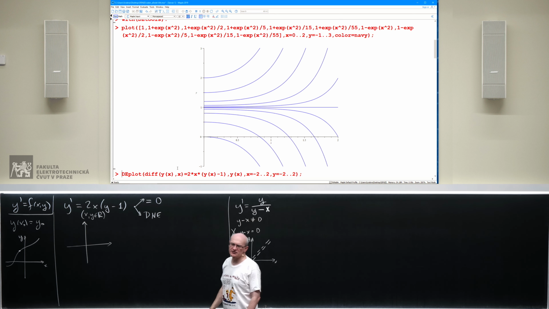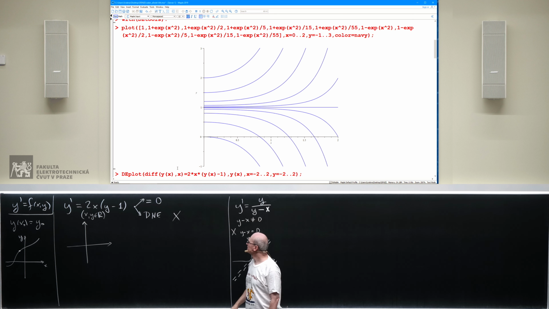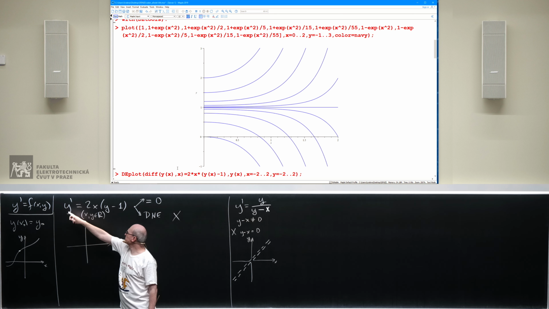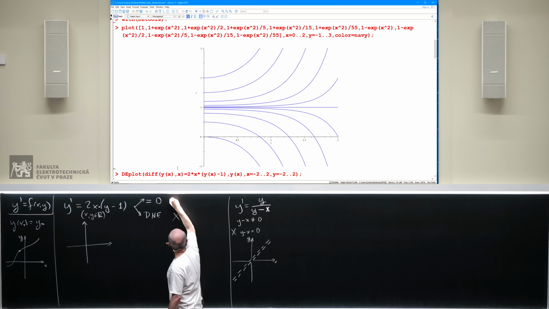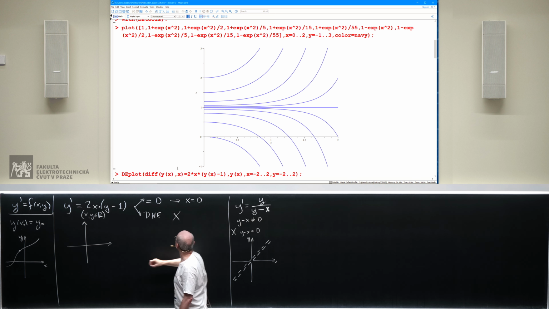And the answer is no, it never happens. So this is not a source of interesting dividing curves. Okay, this is gone. Could it happen that the derivative is 0? And the answer is yes, the derivative is 0 if the first term is 0, because there is a product, very convenient. So one possibility is that x is 0. And the second possibility is that y minus 1 is 0.